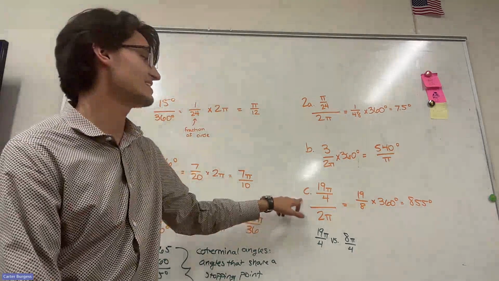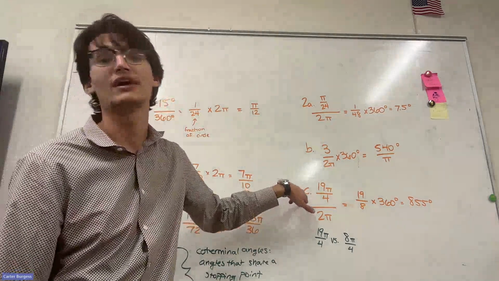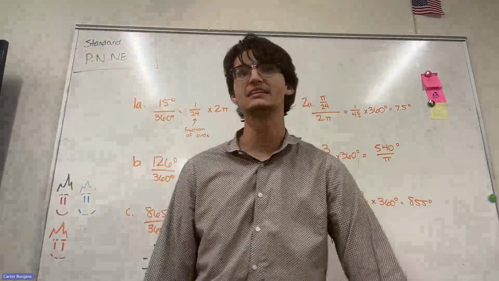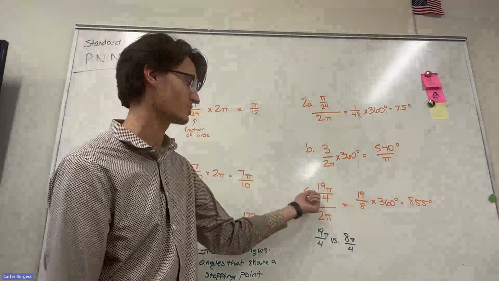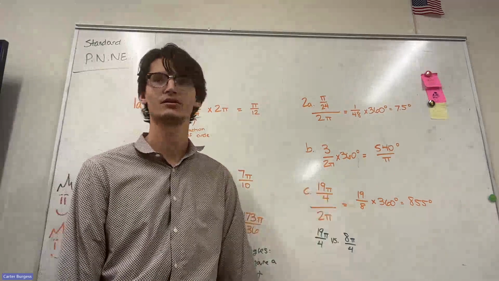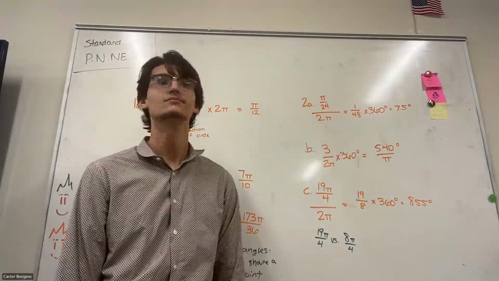Now we could do the exact same thing with pi over 4. In fact, we already know pi over 4 is 855. We could subtract 360 from it over and over again. But if I was given 19 pi over 4 and wanted to adjust it in radians, rather than subtracting 360 over and over, what could I subtract from my 19 pi over 4? 2 pi.